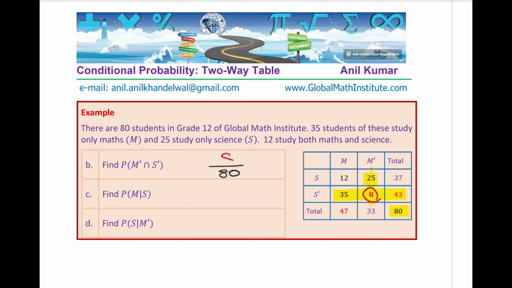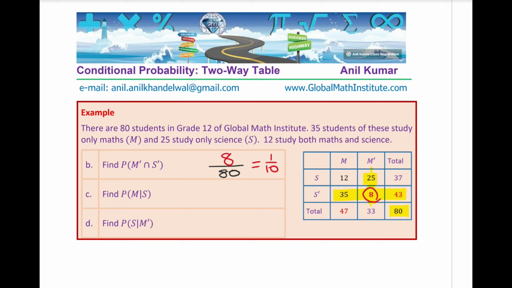So 8 comes on the top, and we could write this as 1 over 10. So the intersection of not maths, not science is as shown here, highlighted as 8, total number of students being 80. Therefore, the probability is 1 over 10. Is that clear to you?